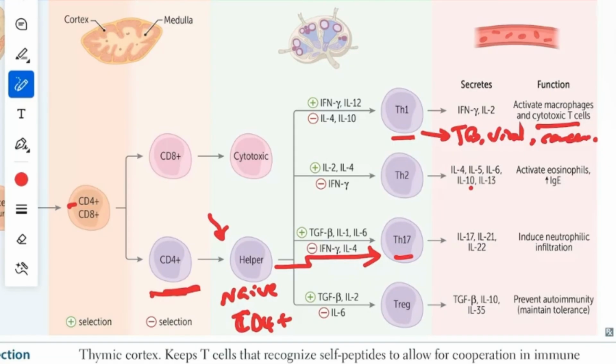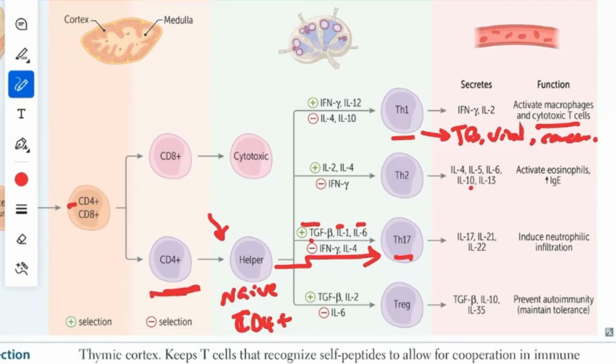This one is stimulated by TGF, transforming growth factor beta, interleukin 1, and interleukin 6. Those will stimulate the cell to become a Th17.